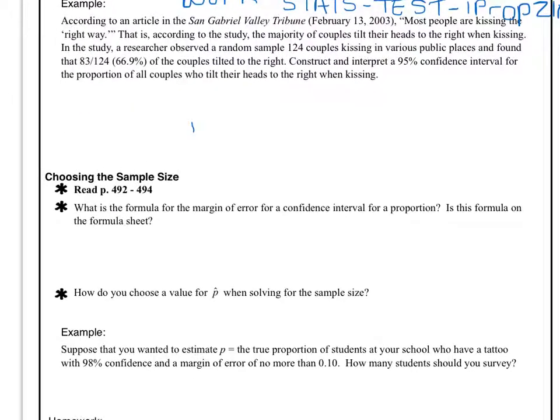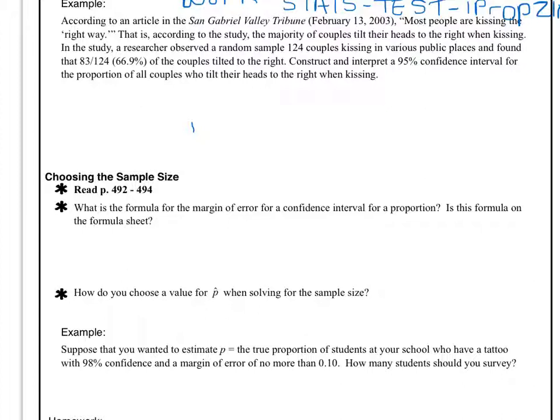So let's run through the 4-step process with this problem right here. Okay, it says, according to an article in the San Gabriel Valley Tribune, most people are kissing the right way. That is, according to the study, the majority of couples tilt their heads to the right when kissing.